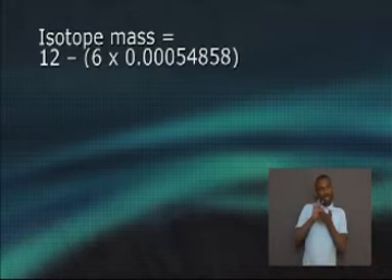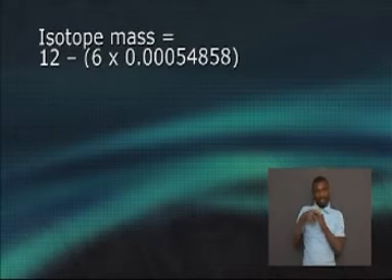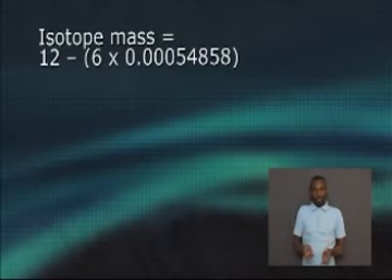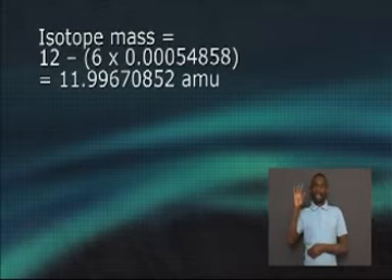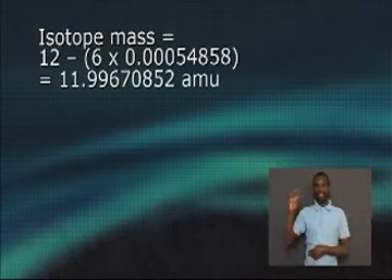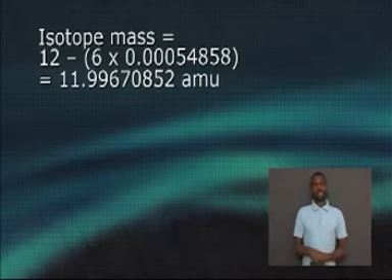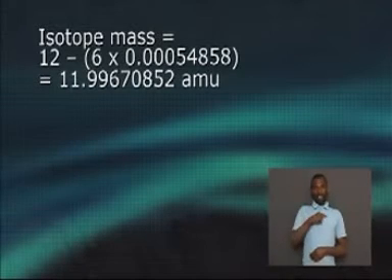This number subtracted from the atomic mass 12 gives us 11.9670852. This is our isotope mass.